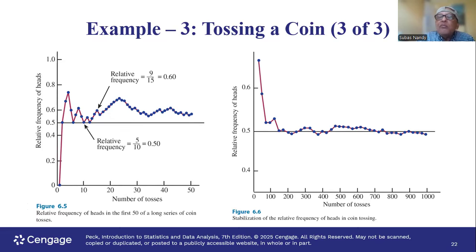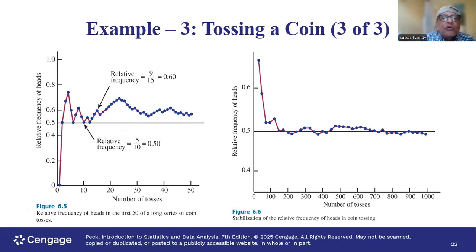So here is a picture of the same situation. The horizontal black line is drawn at a vertical distance of 0.5 from the horizontal axis. So the black line in the middle of the diagram is 0.5. It is the relative frequency of heads, or it is at a distance of 0.5 from the horizontal axis.